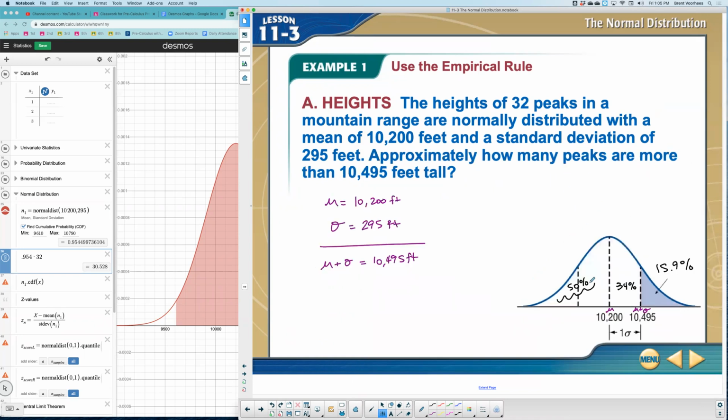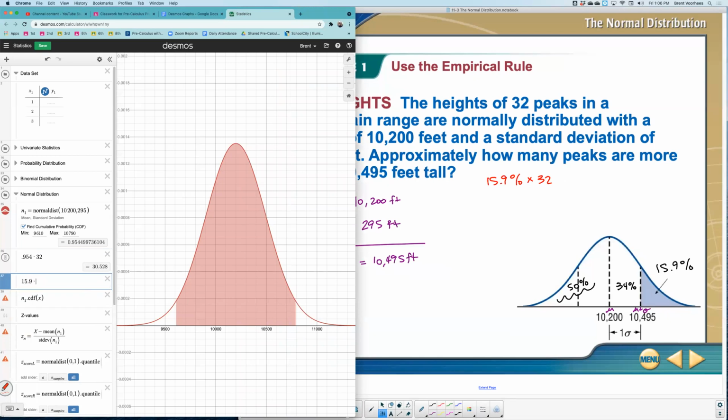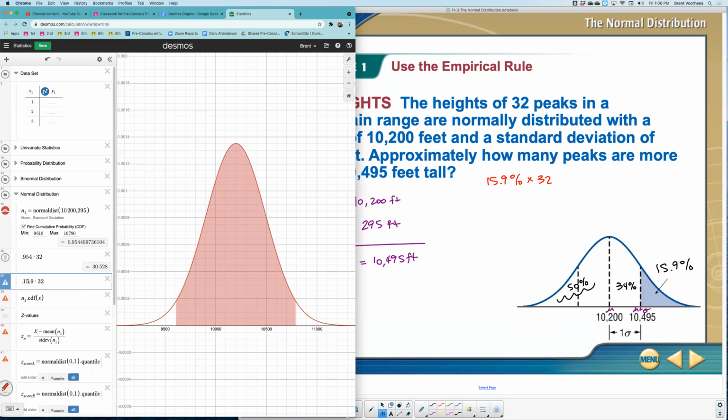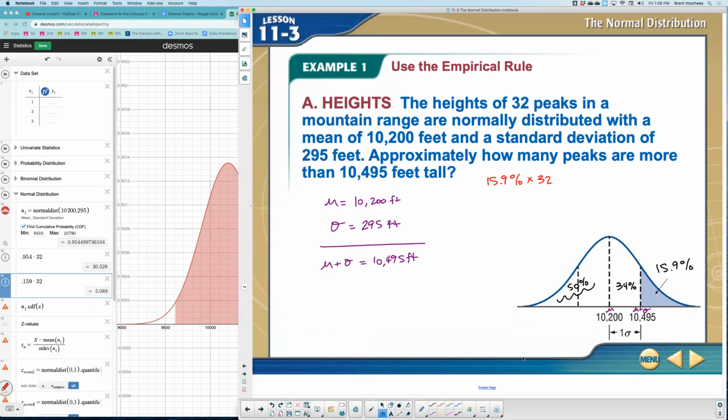And on the previous one, when we got 15.9, we would say 15.9% times the 32. Let's see how many peaks this is. We take 0.159 times 32. So 15.9% times 32 is around 5.